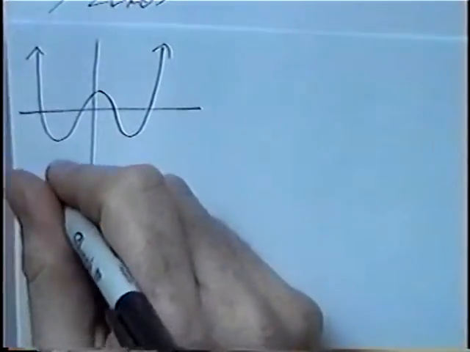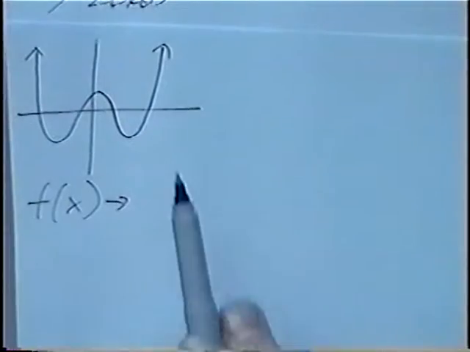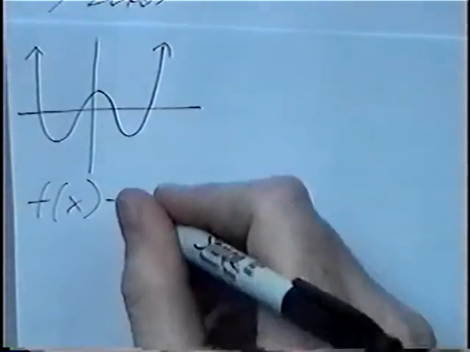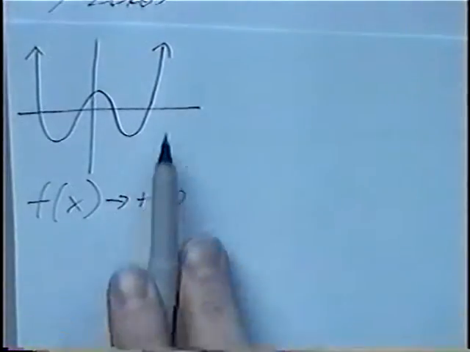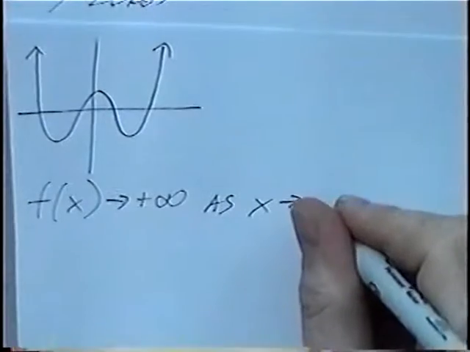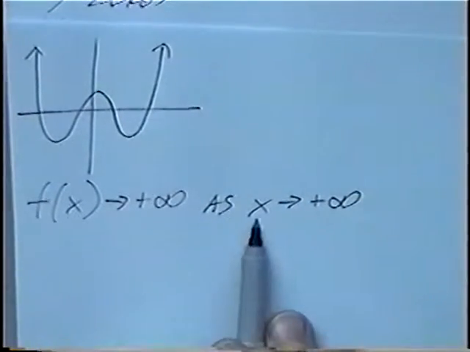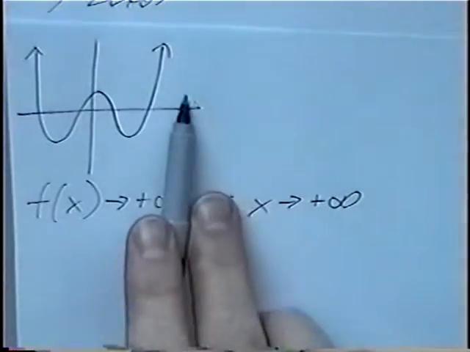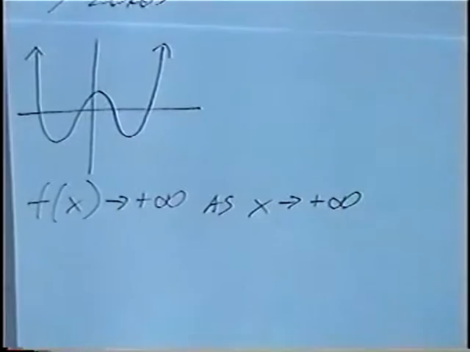If again we start at the right side of the graph, we can put f of x, which represents the graph, goes to. The right side of the graph goes up, so f of x goes to positive infinity, goes up to the top, as x also goes to positive infinity. And again, this means as x goes to positive infinity, which is the right side, the graph goes up to positive infinity.